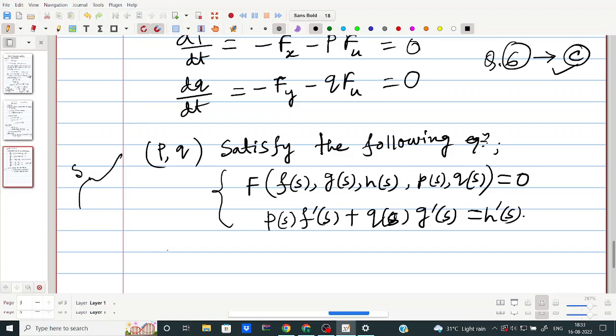Okay? f(s) is s, g(s) is 0, h(s) is 2s power 3 by 2. Is this 3 into s power half? Am I writing correctly or not? Therefore, from this equation and this system.